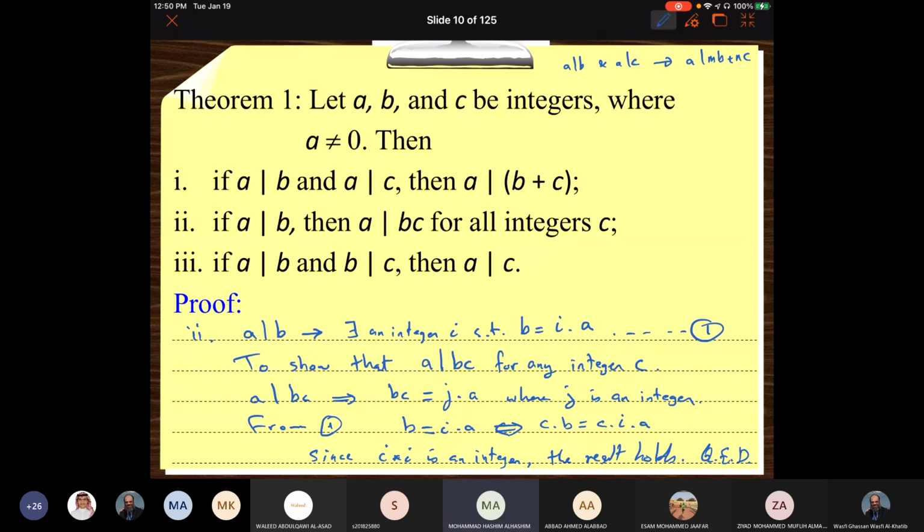I think, Doctor, if we can say that any multiple of the dividend can be divided by the divider, right? Well, this is what it says, but I need the proof. How do I prove it?